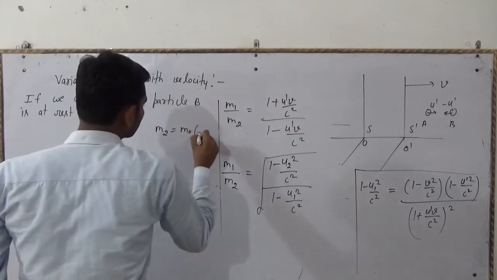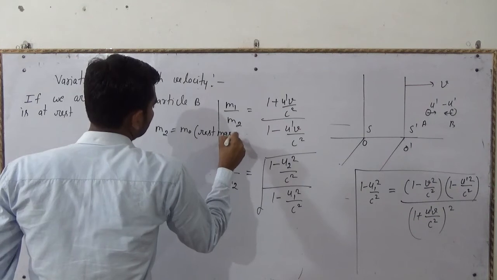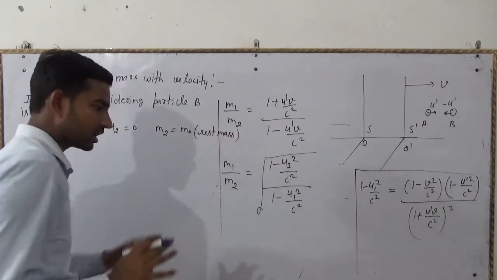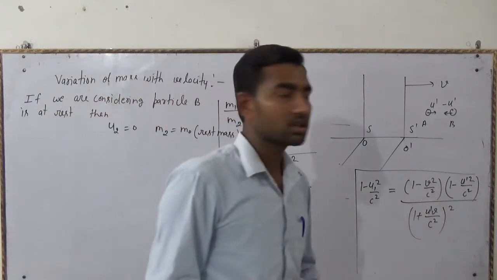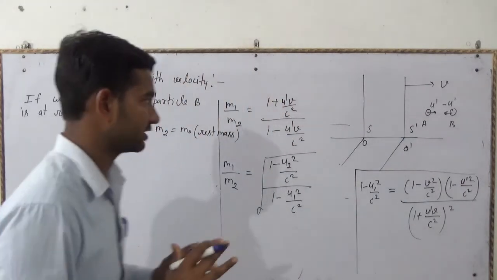Here m0 is known as rest mass, because now we are considering particle B is at rest, it is not moving. It is my condition.